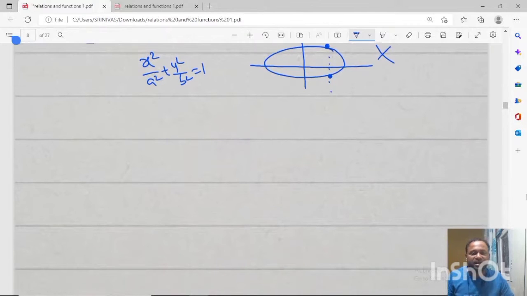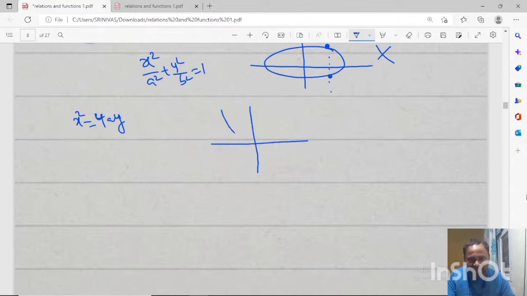Okay, see one more. For example, I will take x² = 4ay. I will take this curve. What do you call this curve? This curve is a parabola. Okay, and the structure of the parabola will be like this. Now let us draw a line parallel to the y-axis.